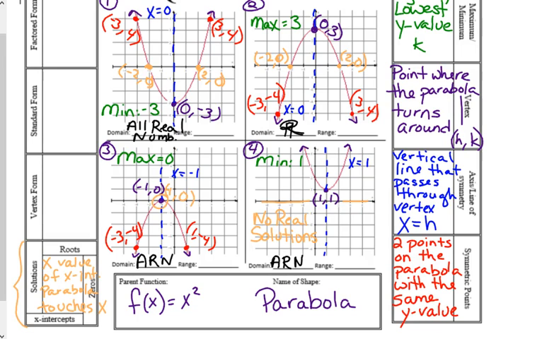Now, our range will differ because notice how even though it will go in the left and right direction forever and ever, it does not go up and down forever and ever. That's why we have a minimum or a maximum. So for number 1, our lowest point is -3, and all of our y's are greater than that.